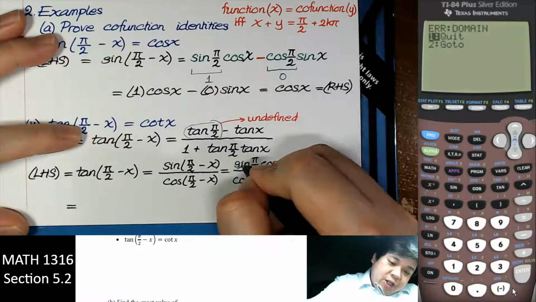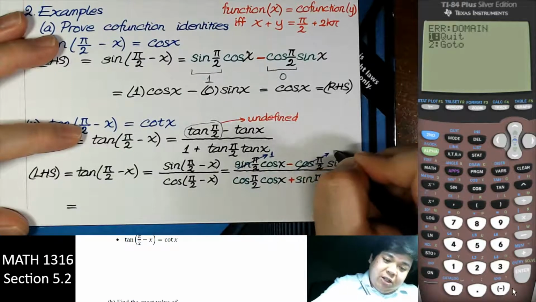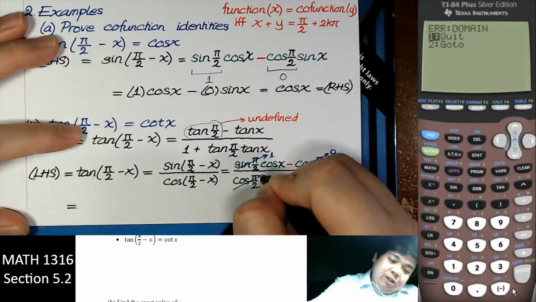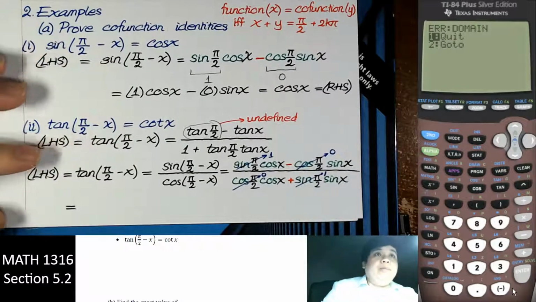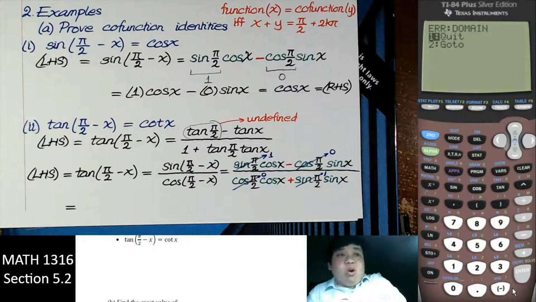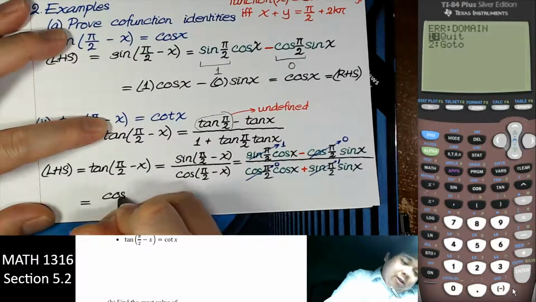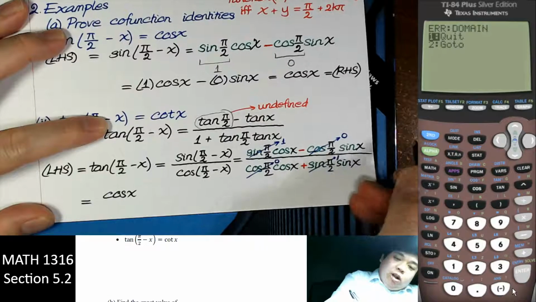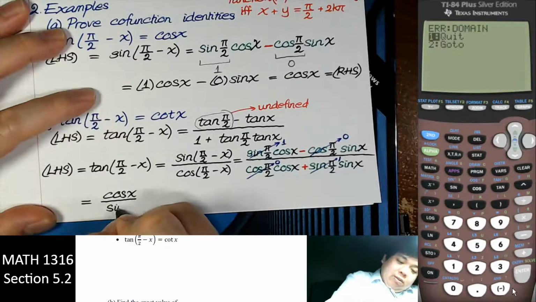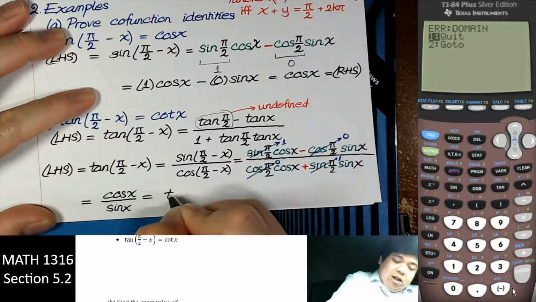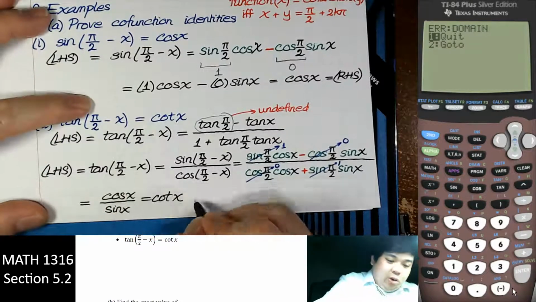Next, sine of pi over 2, sine 90 degrees is 1, cosine 90 degrees is 0. Once we put those values in and simplify, we will have cosine on the top, times 0 cancels out, and then just cosine over sine, which is cotangent of x, which is equal to the right hand side.